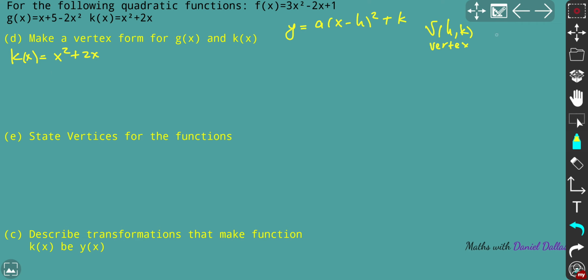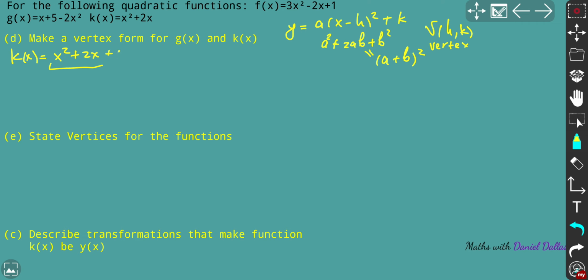All right, now how to accomplish this form. It's based on completing the square, and what I'm gonna do, I'm just using the formula a squared plus 2ab plus b squared, which actually is going to be (a plus b) squared. So what I have right now is x squared plus 2x.